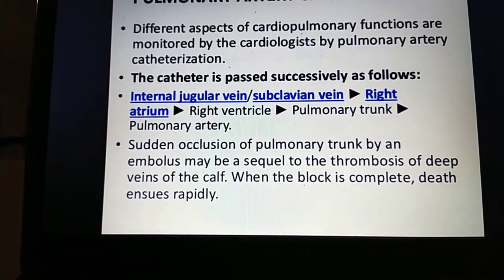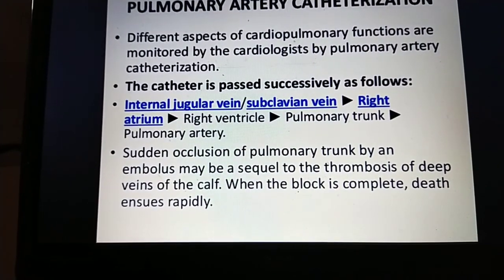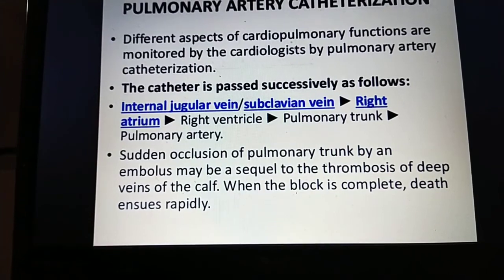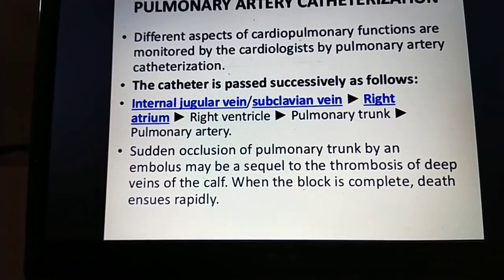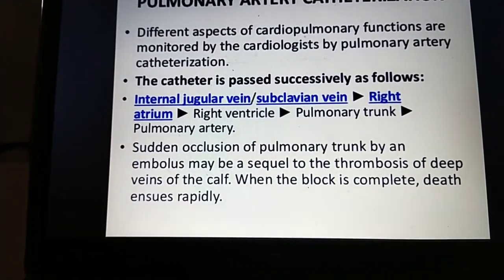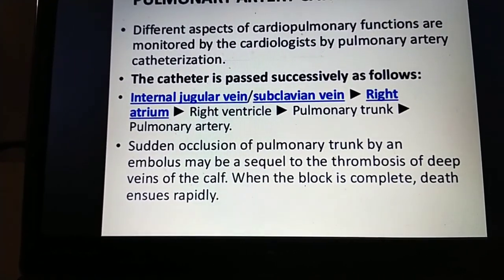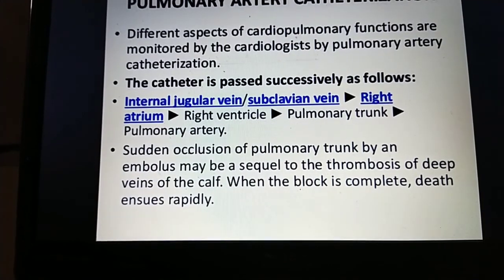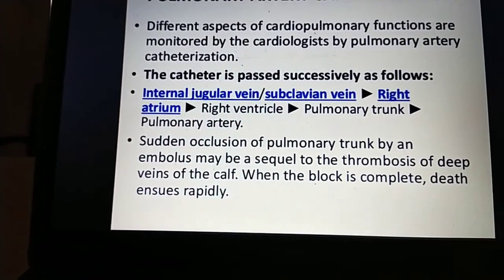Like that, we catheterize the pulmonary artery. By that, we measure the pulmonary pressure, or any suction or thrombosis in the pulmonary artery can be removed.